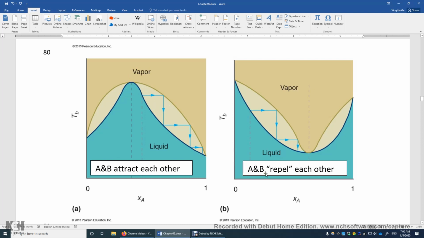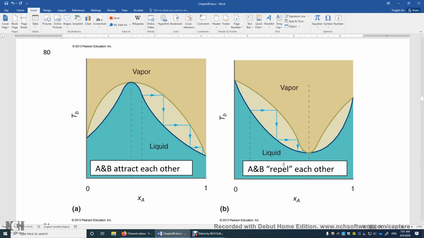Well, somehow A and B can also "repel" each other. I put repel in double quotes because it's not really a repulsion. It's just the AB attraction is smaller than the AA attraction and the BB attraction. So it kind of feels like A and B repel each other. It's just they don't like each other that much.